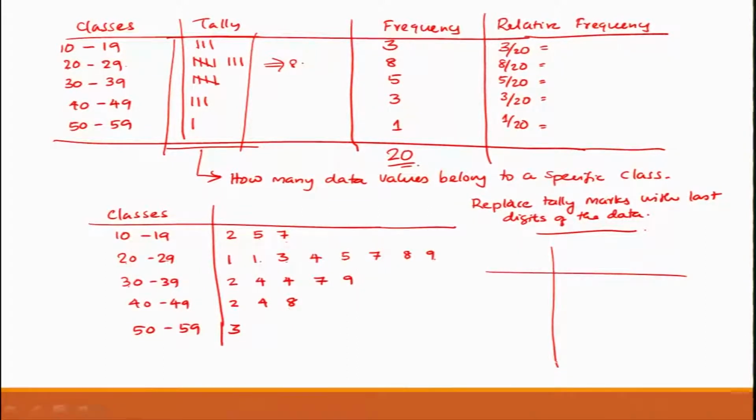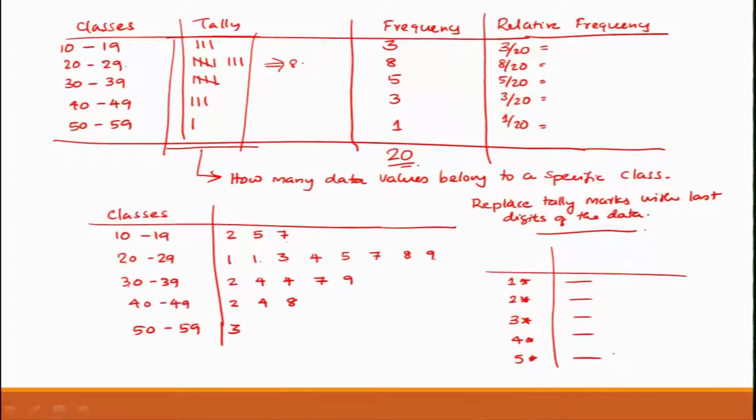Instead of the classes, I will write 10 to 19 as 1 star, 20 to 29 as 2 star, 30 to 39 as 3 star, 40 to 49 as 4 star, and 50 to 59 as 5 star, and then I can write the digits right here.